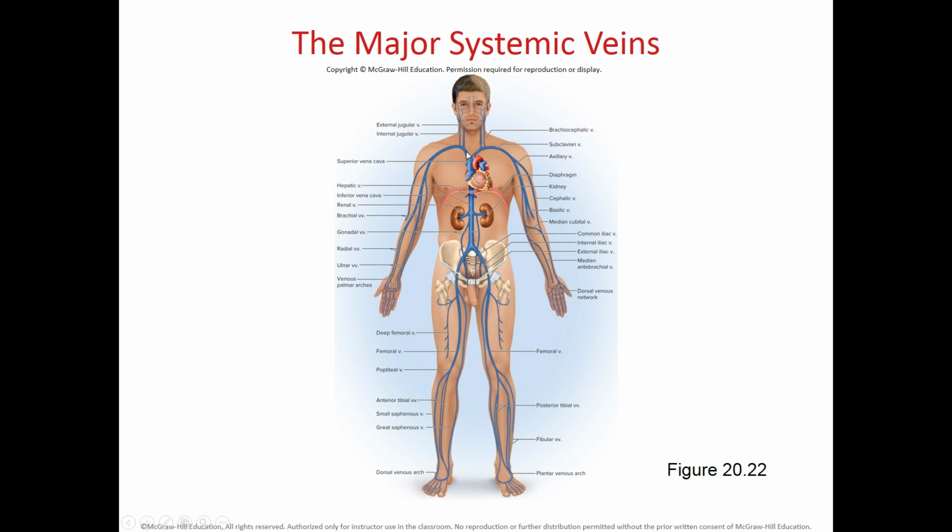Now, here we have in the thorax superior and inferior vena cava that drain into the right atrium. We don't have superior and inferior vena cava arteries, only the veins.